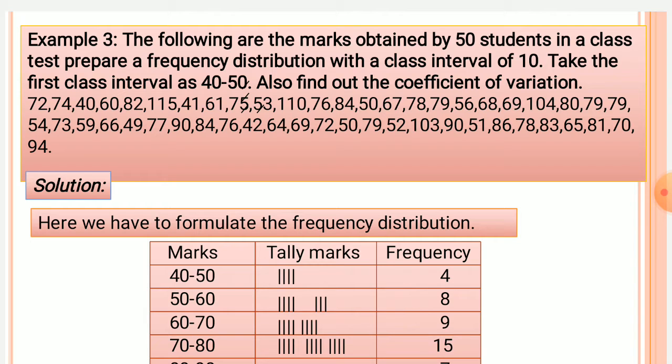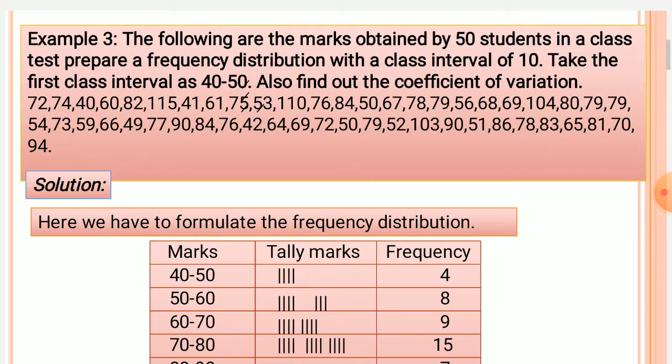So in this problem, the marks obtained by 50 students in a class test are given, and we have to prepare a frequency distribution with a class interval of 10, taking the first class interval as 40 to 50, and thereby calculate the coefficient of variation.